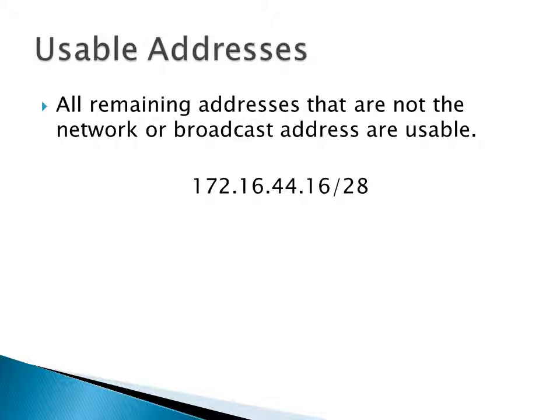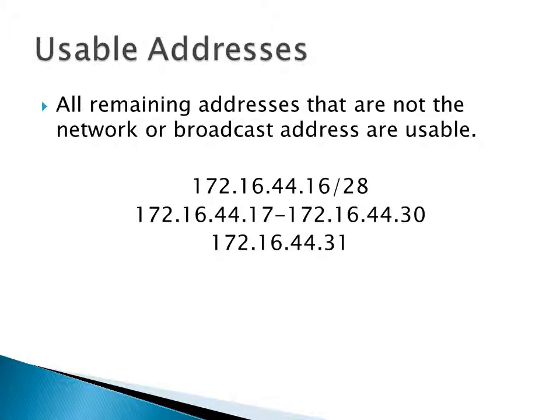There are 4 host bits available, decimal 16, meaning we enter a new subnet every 16 addresses. So with that network address of .16, we know that our usable hosts must be .17 through .30, and our broadcast address clocking in at the last address in the subnet, .31.